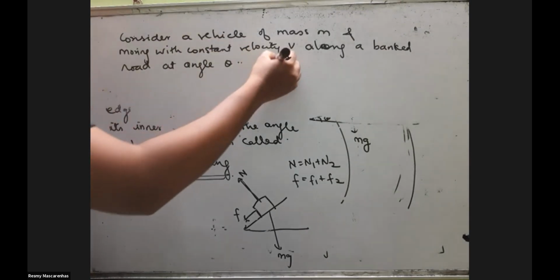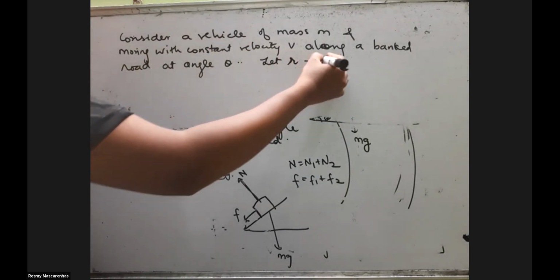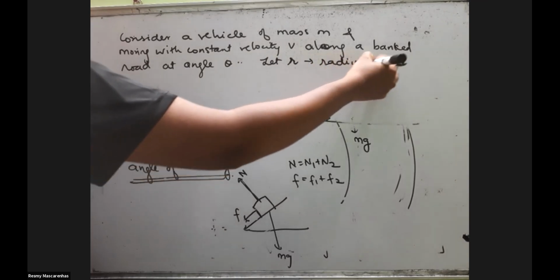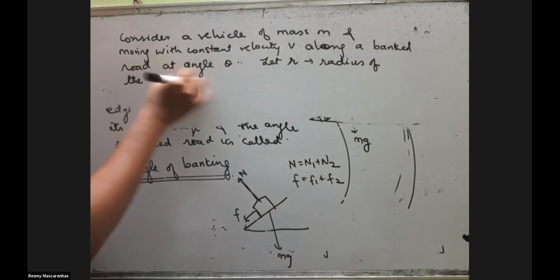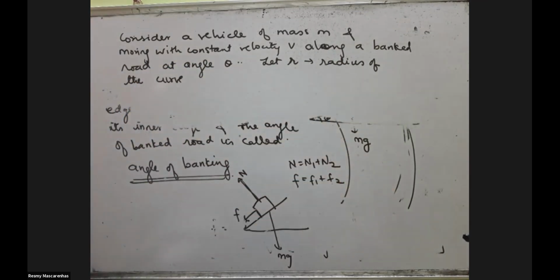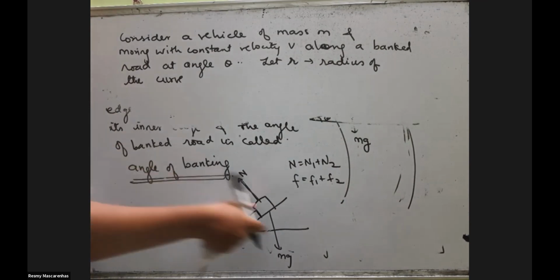Let r be the radius of the curve or the circle, whichever. So this is the diagram.